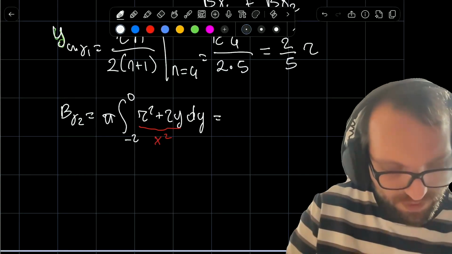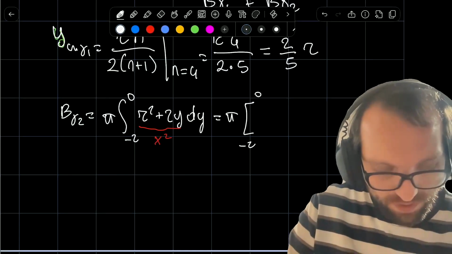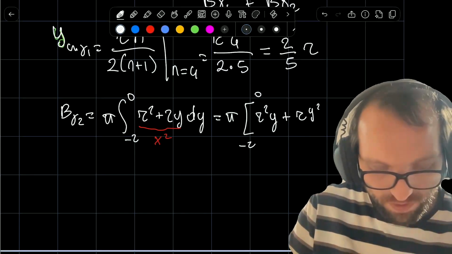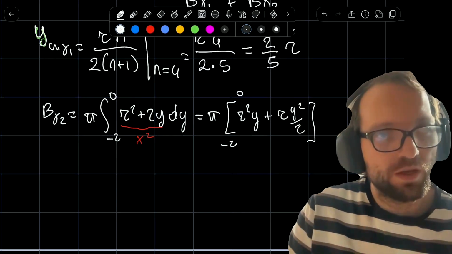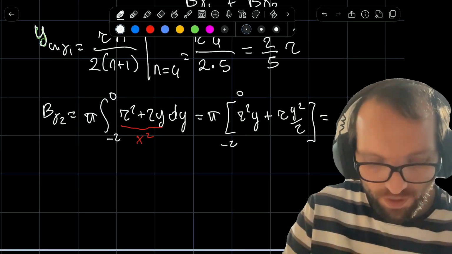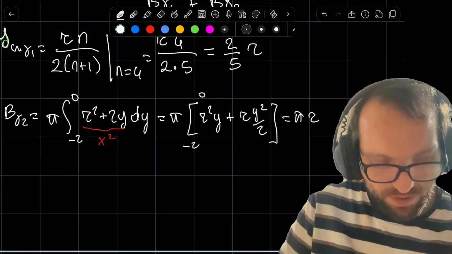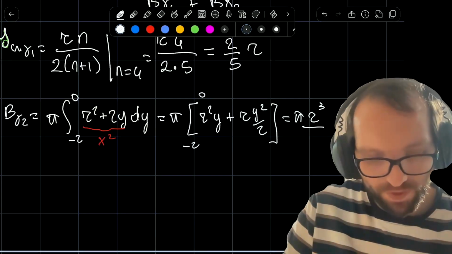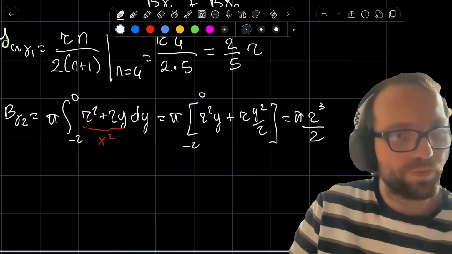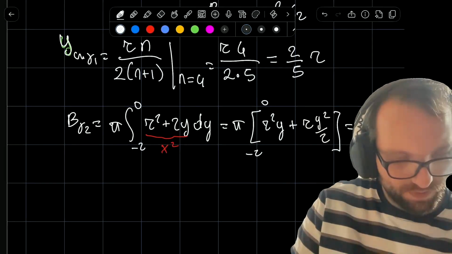This is very easy to calculate. And here, if you plug in the value, this is going to be pi R cubed divided by 2. And now what we need to do is find the center of mass of gamma 2.